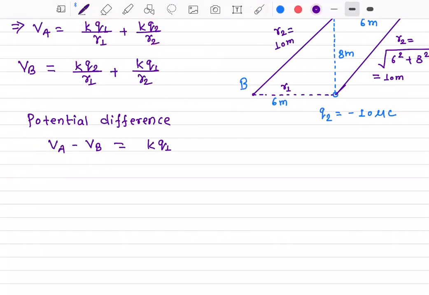Let's do that. KQ1 over R1 plus KQ2 over R2. This is VA minus VB, which is KQ2 over R1 plus KQ1 over R2.